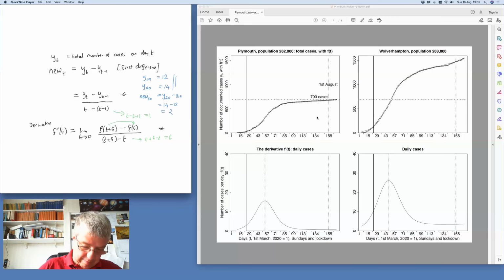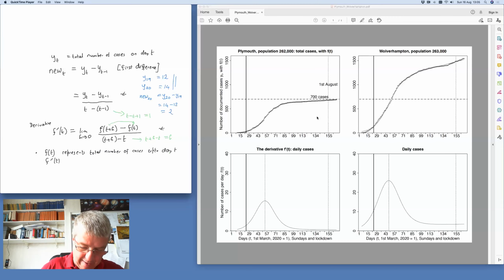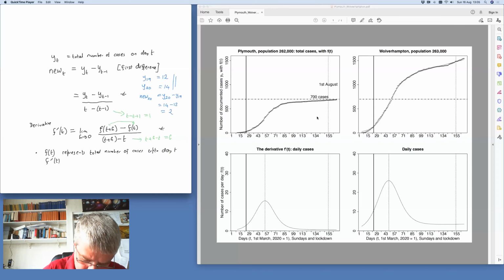So the real message of what I'm saying there is that if f(t) represents the total number of cases up to day t, then the derivative f dash t of f(t) is going to represent the number of new cases on day t.